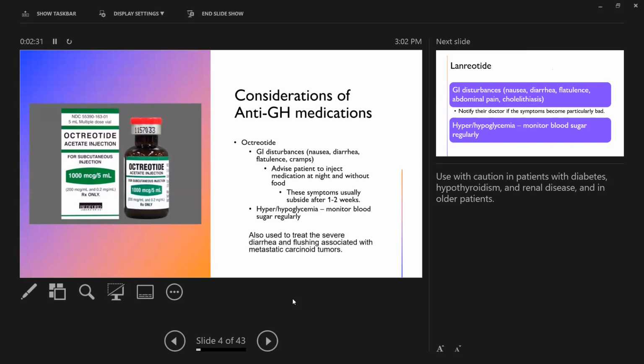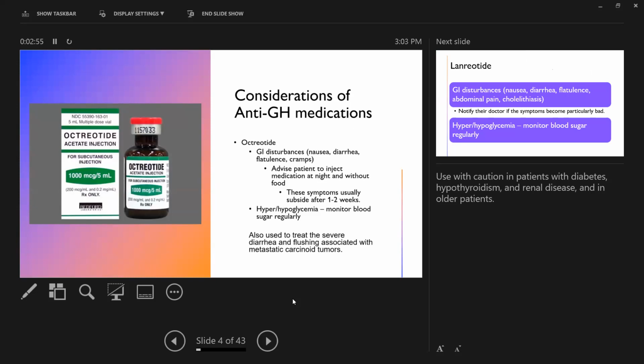So octreotide pretty commonly causes gastrointestinal disturbances. If you take it on an empty stomach and at night, that will tend to relieve these symptoms to some extent. These symptoms also tend to abate after 1 to 2 weeks.